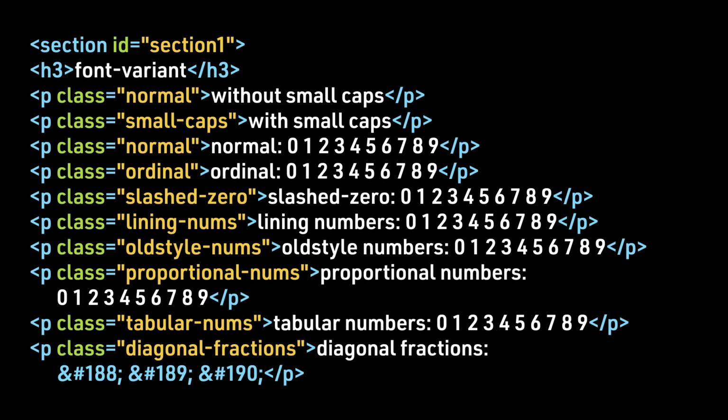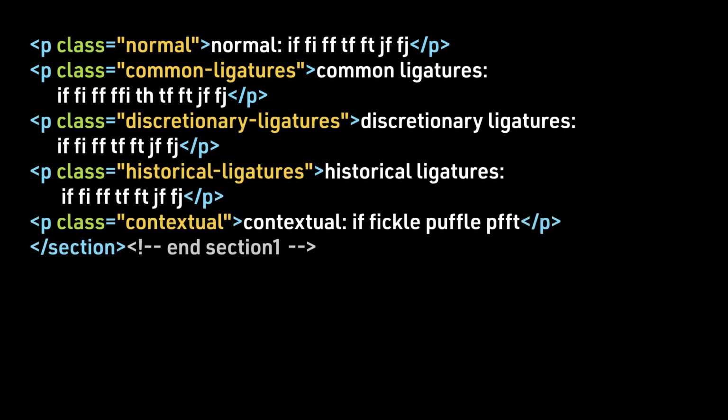These are special characters that in this combination represent a certain glyph. And in this case, the glyphs represented here are for the fractions 1/4, 1/2, and 3/4. Then we will go to the ligatures and look at normal, common ligatures, discretionary ligatures, historical ligatures, and contextual ligatures.